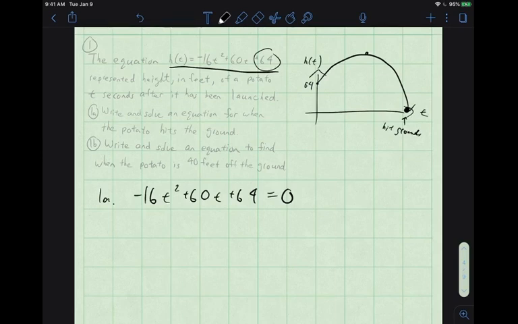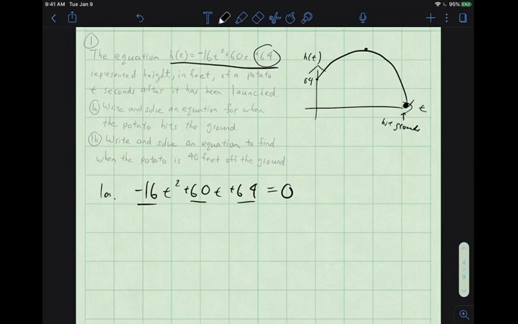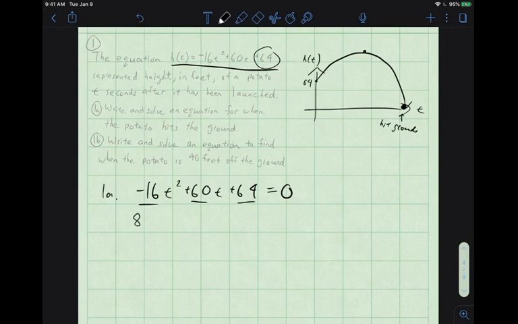There are many methods for you to solve this equation. I'm looking at this equation and I see they have common factors inside, so I'm going to take those out first and maybe go with the factoring method to solve it. So 16, looks like I can first take out 8. So we have negative 2t. Can we take out 8? Maybe just 2.